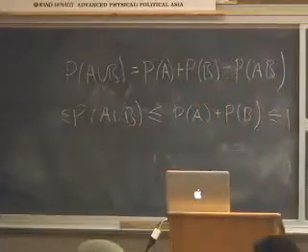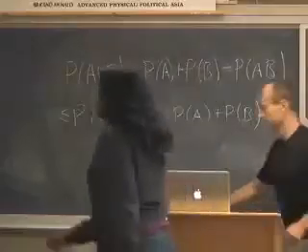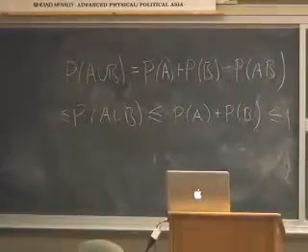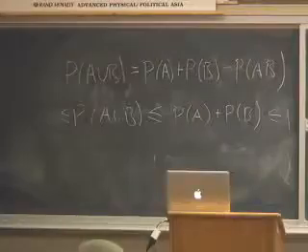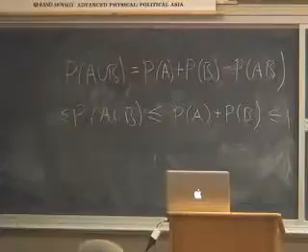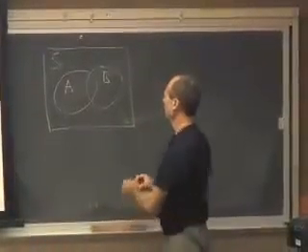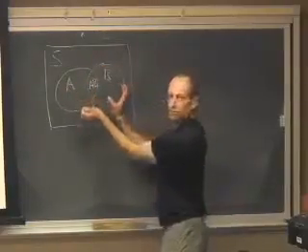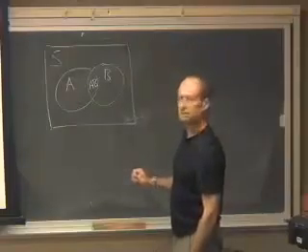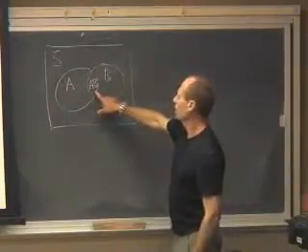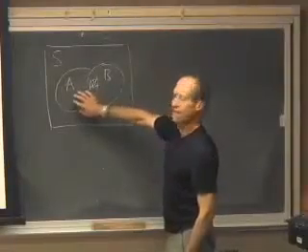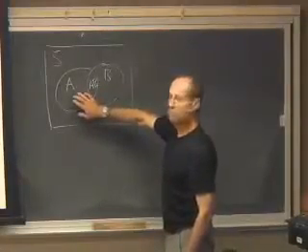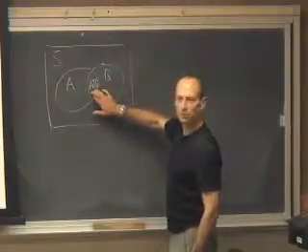Let's draw a Venn diagram. All right, this is A intersect B. That's A union B. The probability of A is the probability of A intersect B complement plus the probability of A intersect B, right?